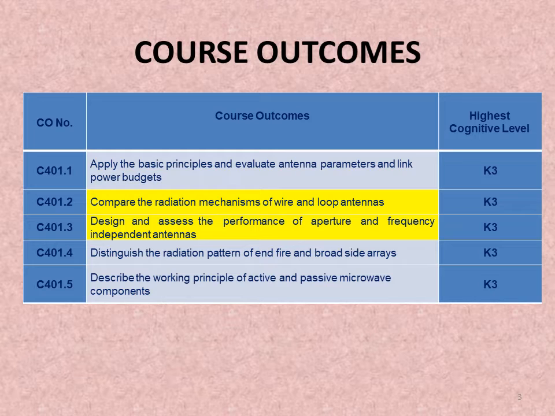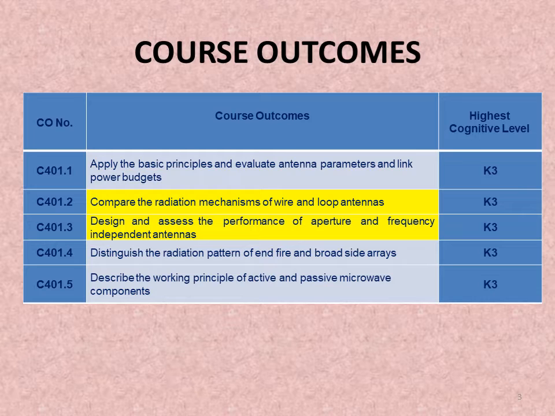For the second unit, the first course outcome is to compare the radiation mechanism of wire antennas and loop antennas, and we go up to the cognitive level, that is the K3 level. Okay, and then next, coming to the second CO in this particular unit, design and assess the performance of aperture and frequency independent antennas.